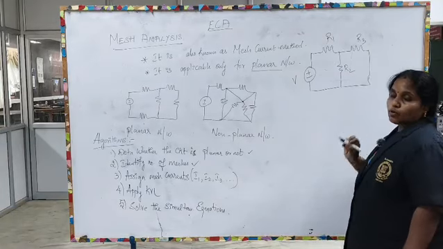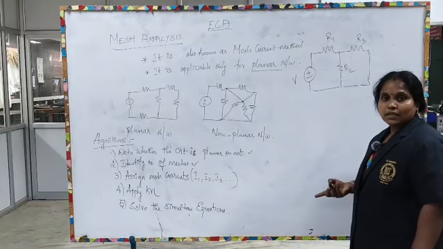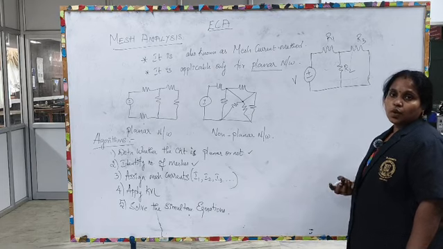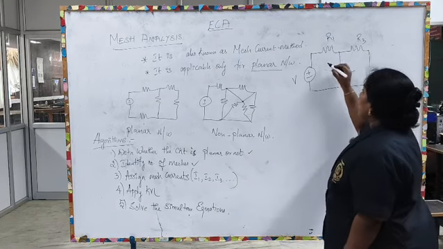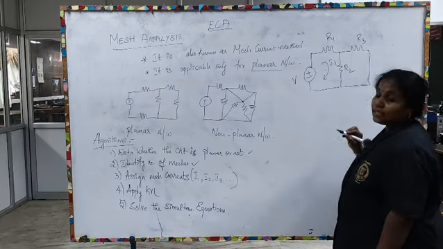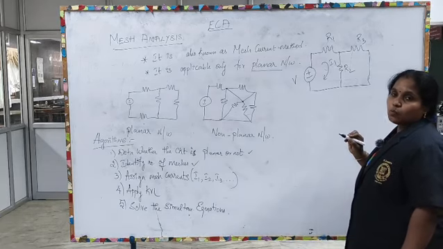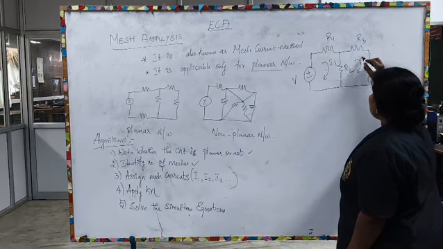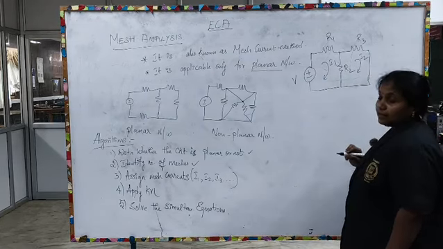After identifying the number of meshes, we have to assign the mesh currents, that is the third step. Here I have assigned the mesh currents. Let the current in mesh 1 be I1 and the current in mesh 2 be I2.